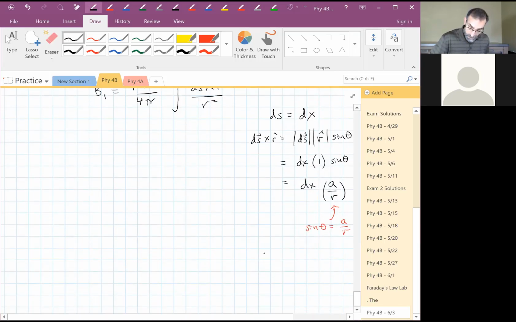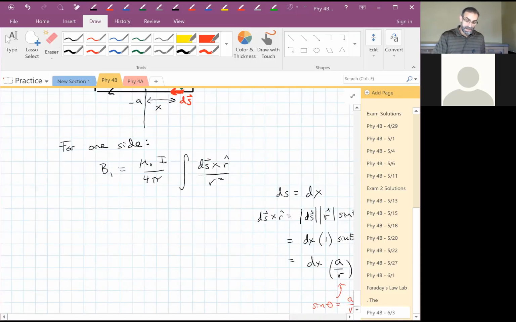R is the square root of X squared plus A squared. Now I've got everything. I can plug them into my equation in the integral there.